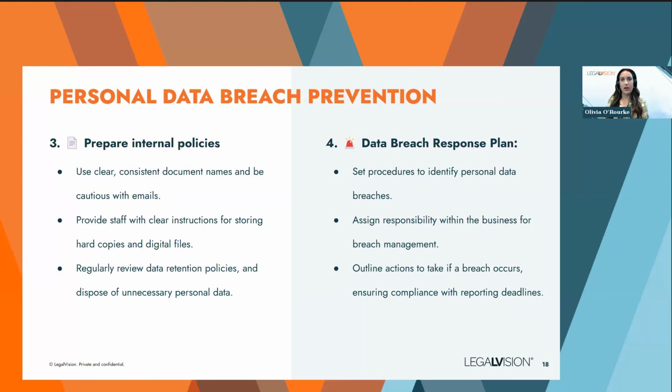We definitely see that a lot come through to us, where reports or things like that, particularly health reports, aren't labeled correctly and are accidentally sent to the wrong patient. So it's really important that you've got, for example, naming conventions for files, so that your staff have clear instructions on sending those types of records.